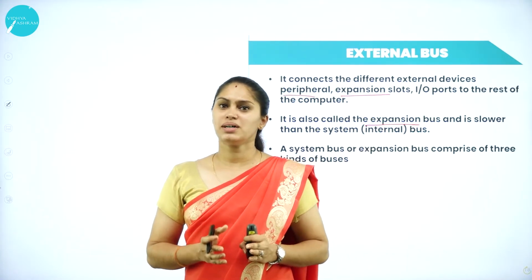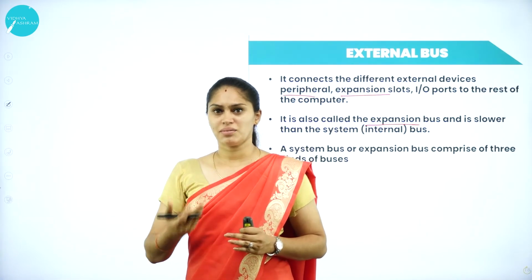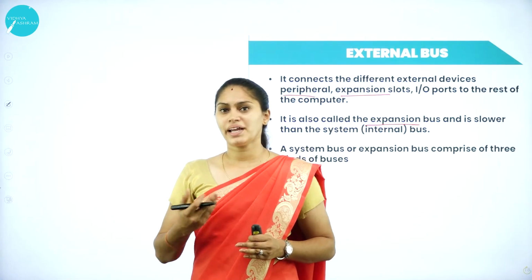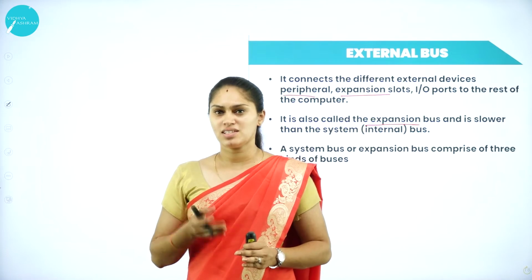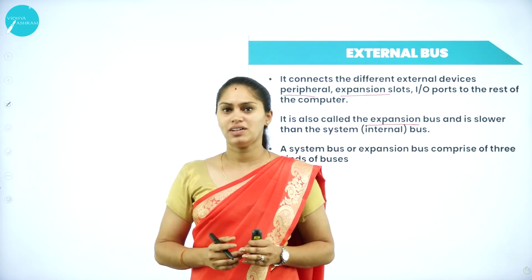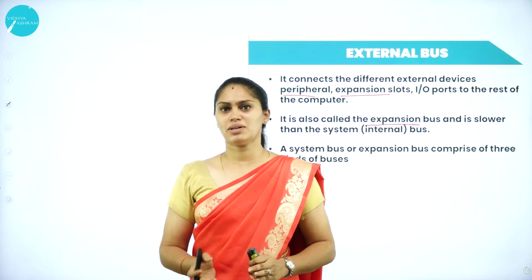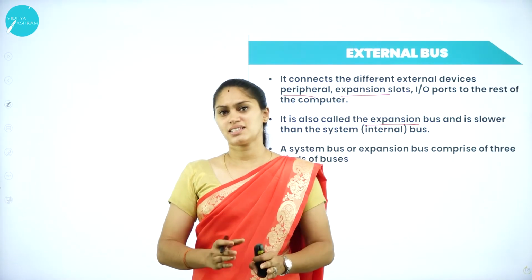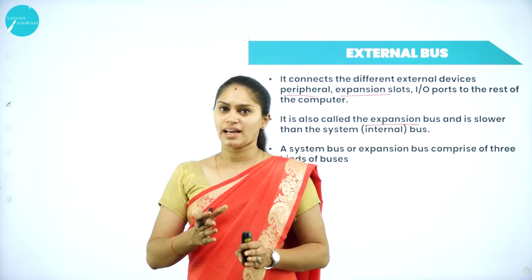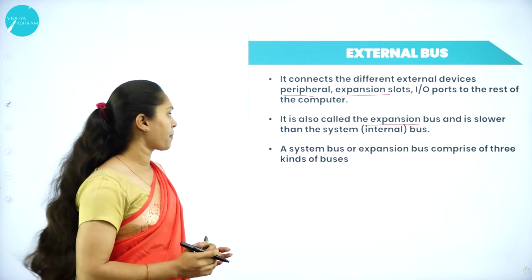That's why the external bus is also known as the expansion bus. It helps to upgrade the performance of a computer system by adding external peripherals. But compared to the internal bus, the external bus is a bit slower.